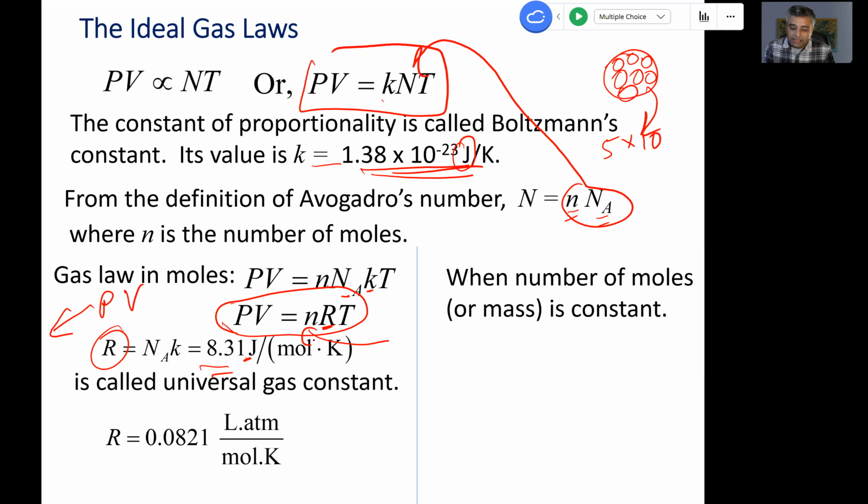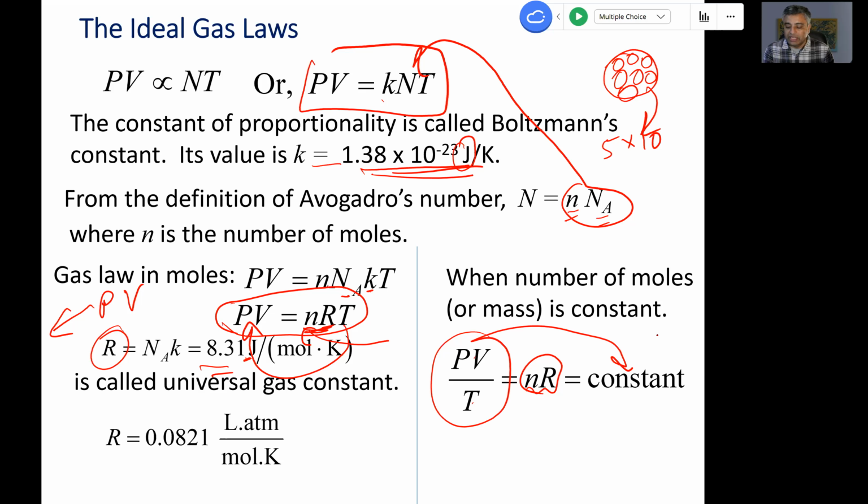If that's the case, then N and R are both going to be constant. So we can write that equation something like this. I'm bringing this T down there. PV over T is N times R, constant. So in that situation, when it is in a closed container, that means N is not changing, and in that case, this ratio becomes constant.